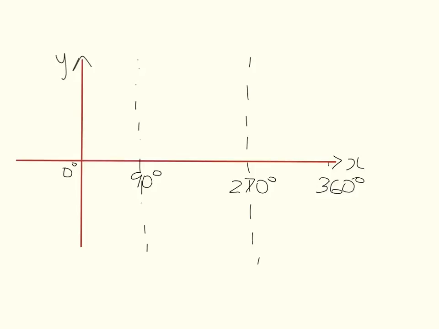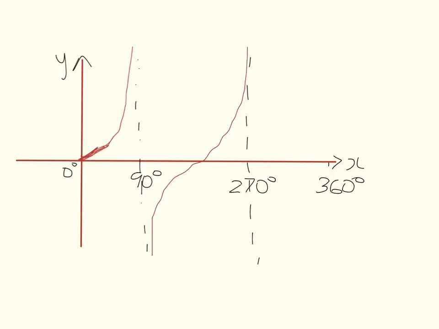So to start off with, between 0 and 90, our graph slopes up as such. I'll just try and get that in a bit more accurately. Okay, so our graph would be sloping up in line with the 90-degree line that I've just drawn here. But this will keep going on and on, up and up forever, and it will never actually touch this line. Between 90 degrees and 270 degrees, it looks something like this.